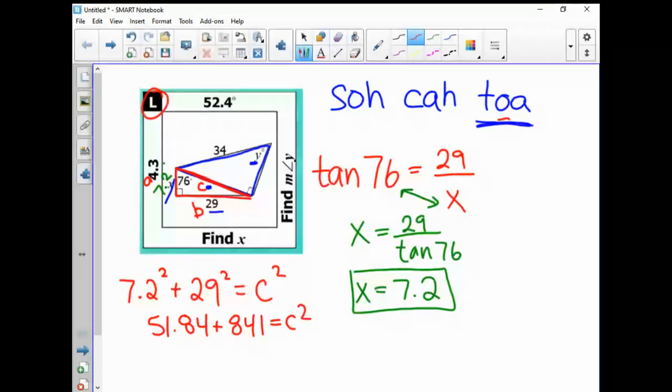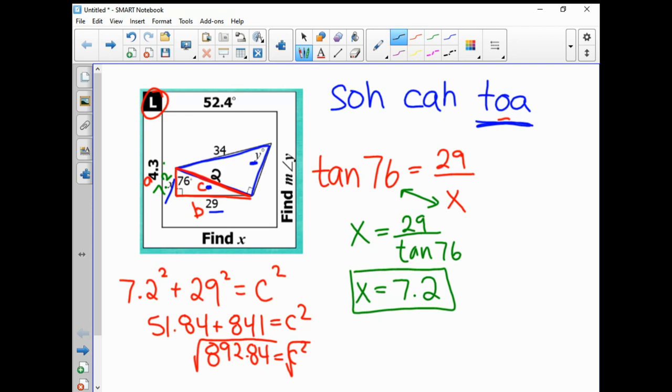So let's add our 51.84 to 841 and get 892.84 is equal to C squared. And then take the square root of that, and I've got 29.9 on that side.